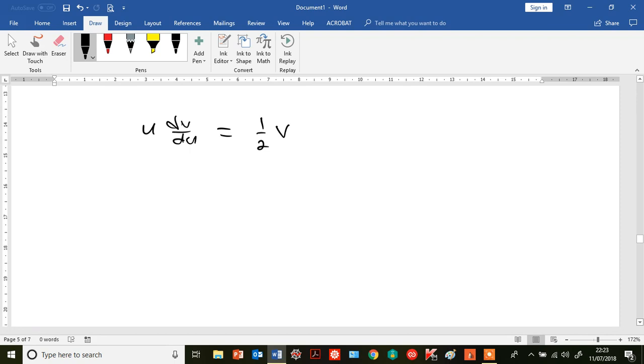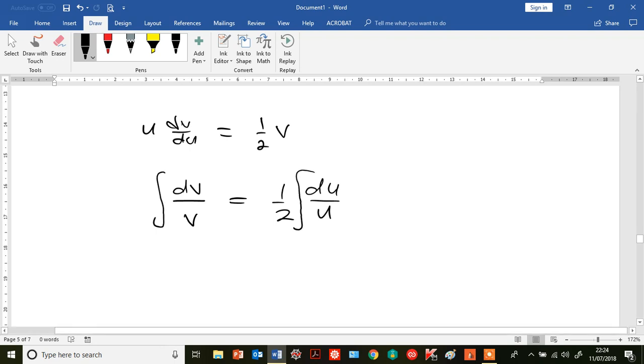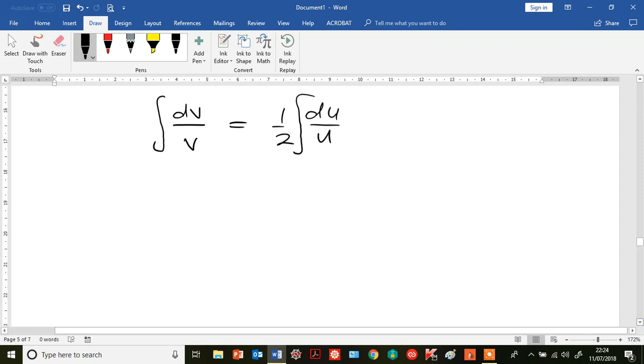So if we simplify this differential equation, we get dv over v, which is equal to a half of du over u, and we always put in our integral signs, and then we can integrate.